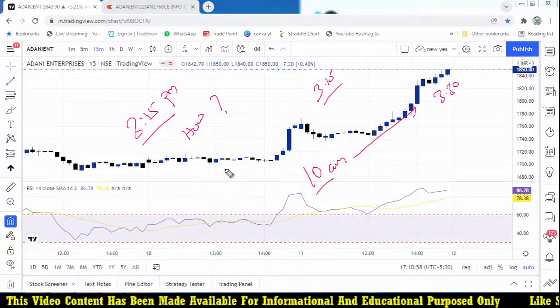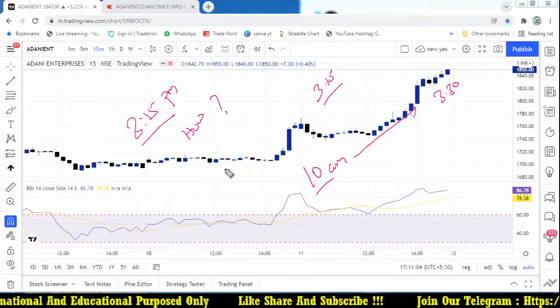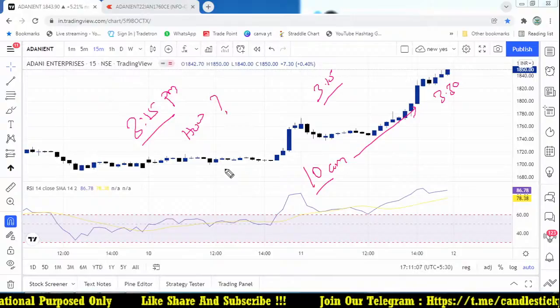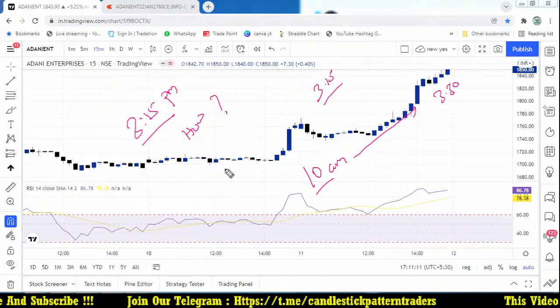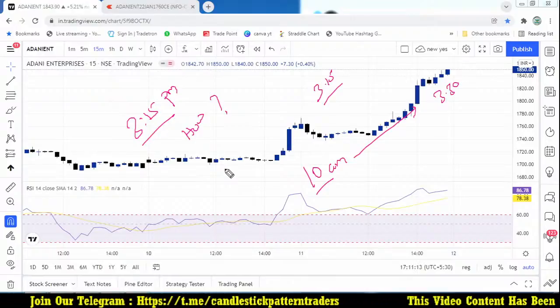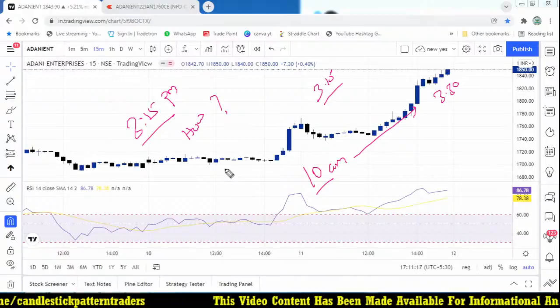I'm not sitting and typing all of this. You ask me, sir, I want this one and that one, but I am not able to provide all the scanners because it is a paid one. I need to pay for that, so how can I give it for free?